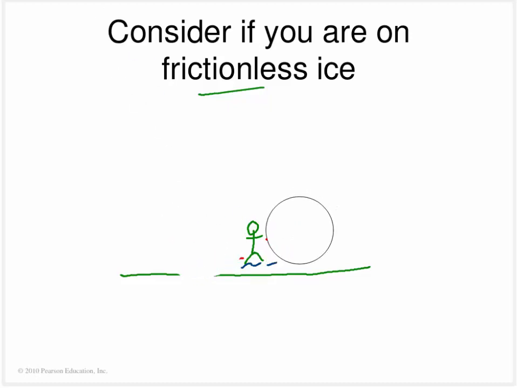We have perfectly frictionless ice, so the only way to possibly move is if you were to have a physics textbook and throw it in that direction. Then you're applying a force in this direction, and the book applies a reaction force in this direction, and you are able to move off to the side.